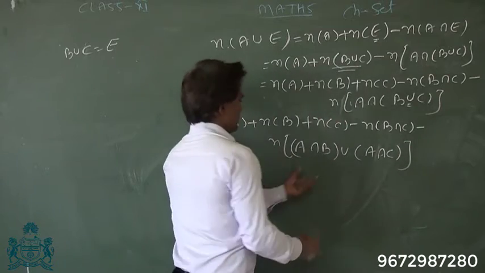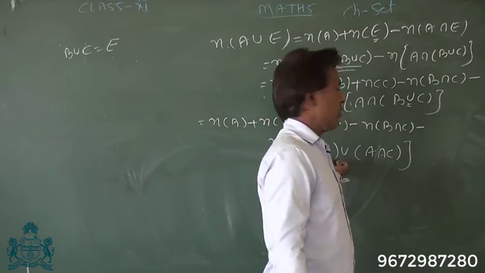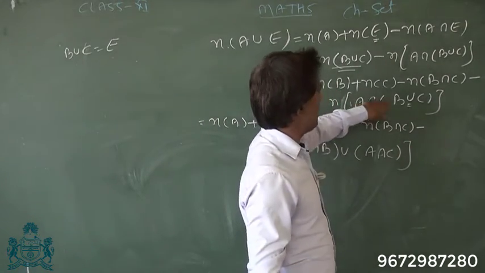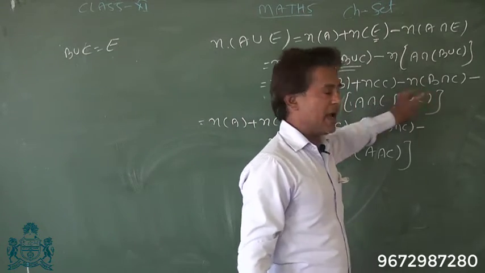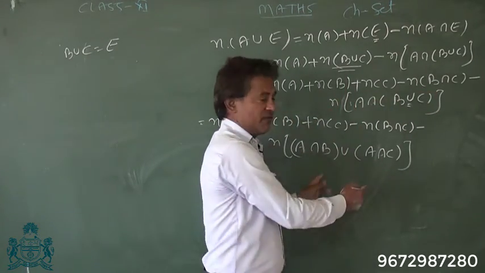This is called the distributive law of A intersection (B union C).